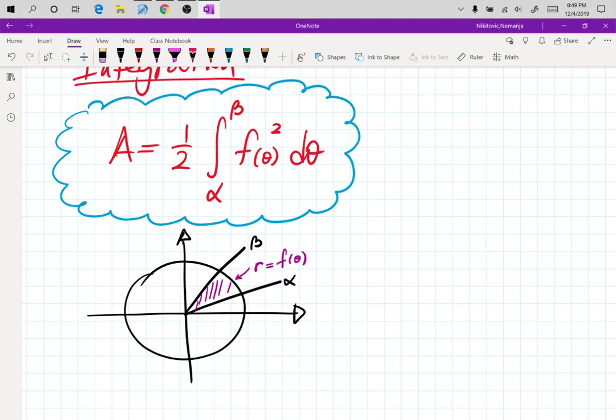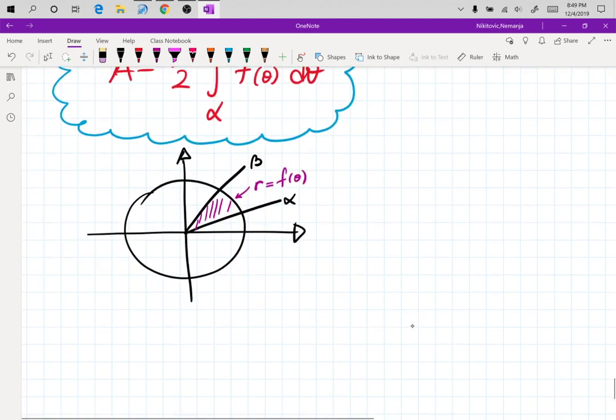So we use alpha and beta for angles, and then a and b for x values, and then c and d for y values. Now you are familiar with a, b, c, d because we had all of those integrals horizontally, vertically in chapter 6, so you're probably sick of that. Now you have alpha and beta.